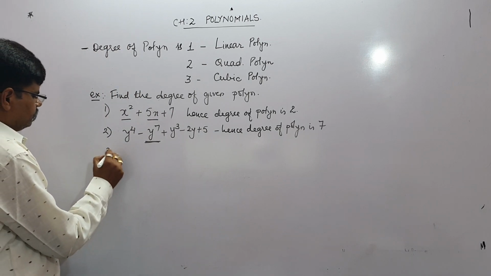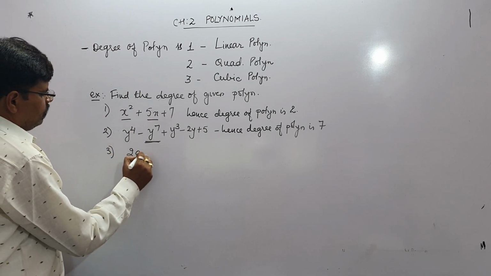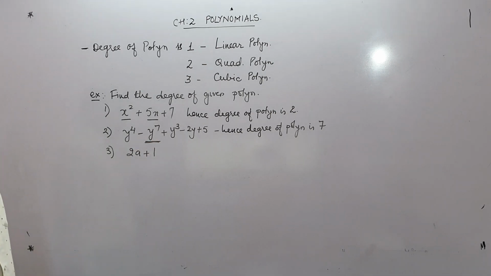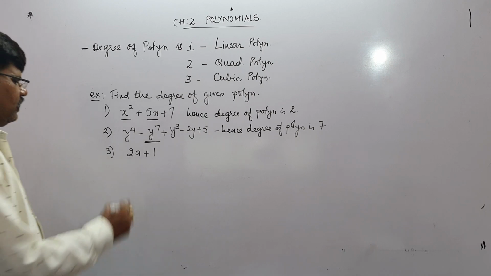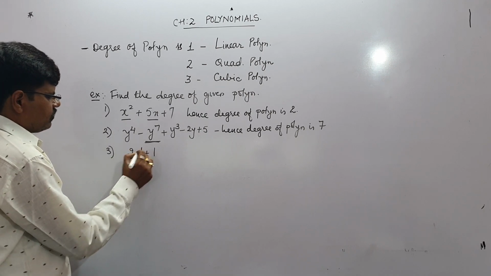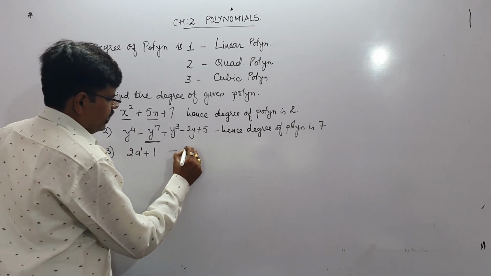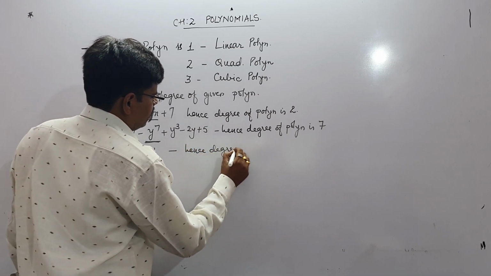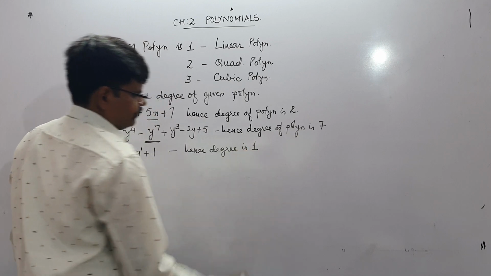Third one, 2a plus 1. We have the polynomial in the variable a. The highest power of a is 1. So, degree is 1.